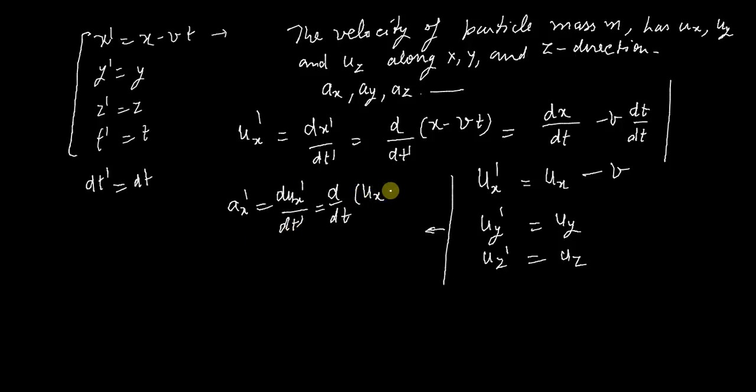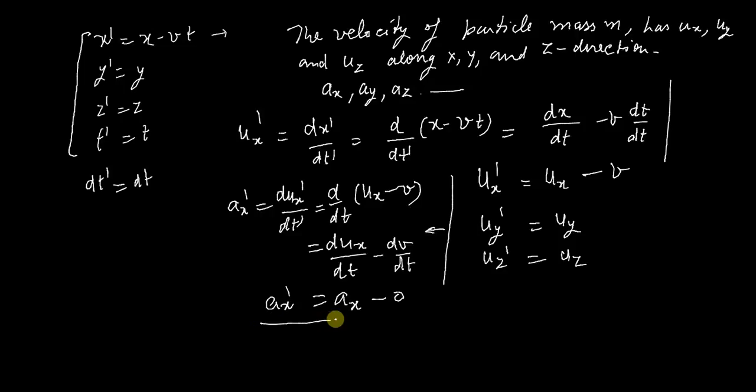This is dux upon dt minus dv upon dt. dux upon dt is the acceleration of the particle in the unprime frame, and v is constant, so dv upon dt is equal to 0. So here you observe that ax prime is equal to ax. Similarly, ay prime is equal to ay, and az prime is equal to az.